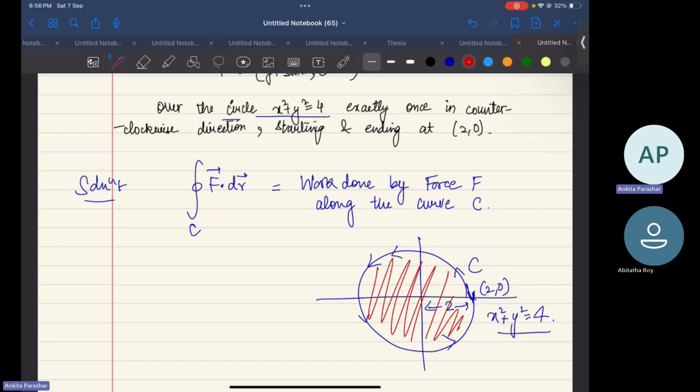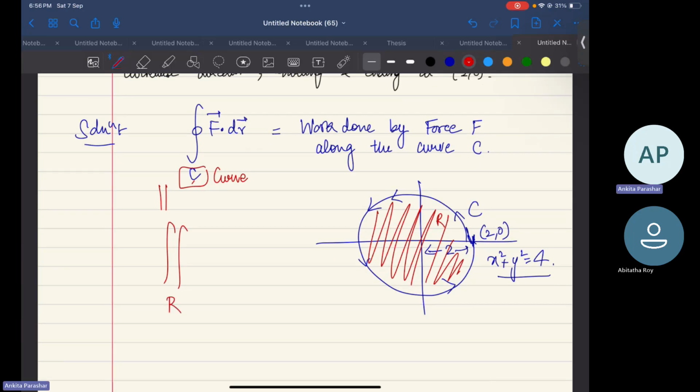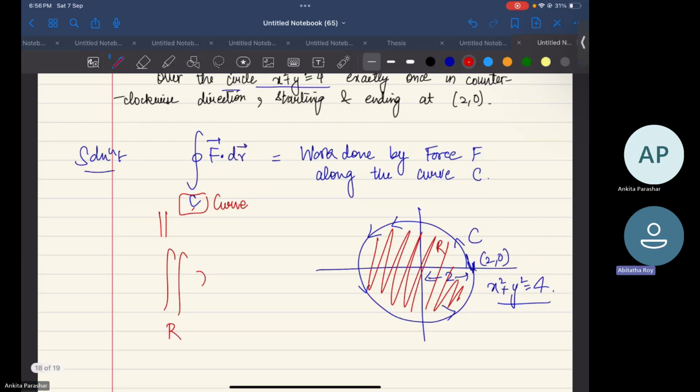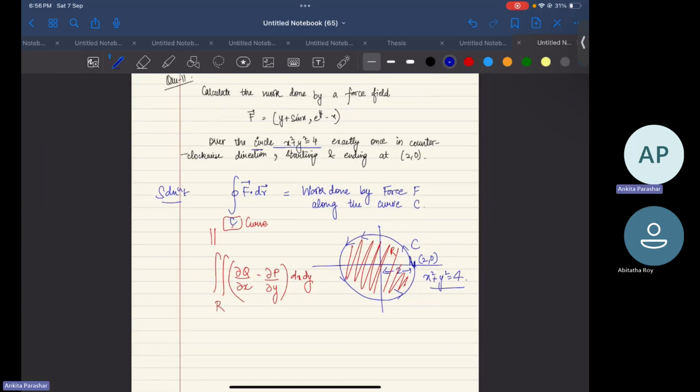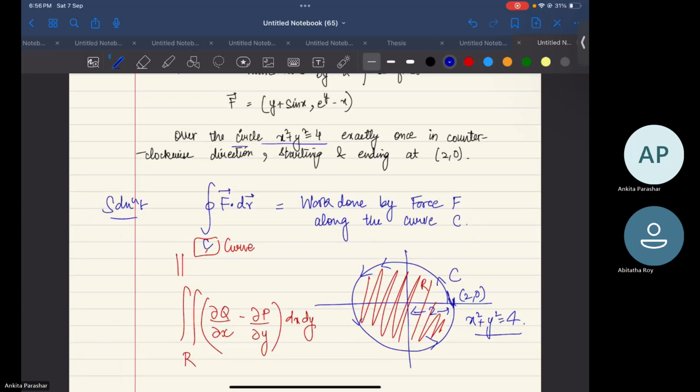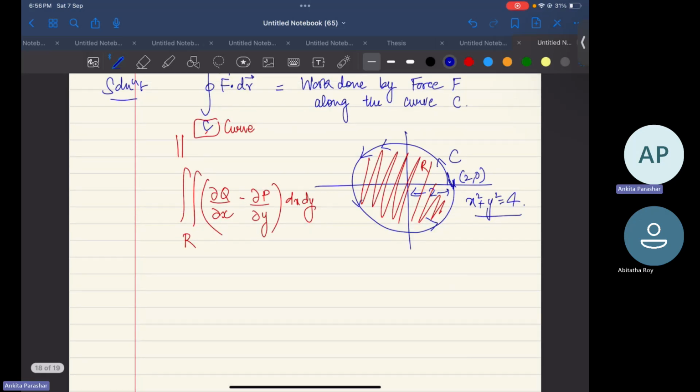This time it is just the curve, but double integration would mean the region: del Q by del x minus del P by del y. Now can you do it?